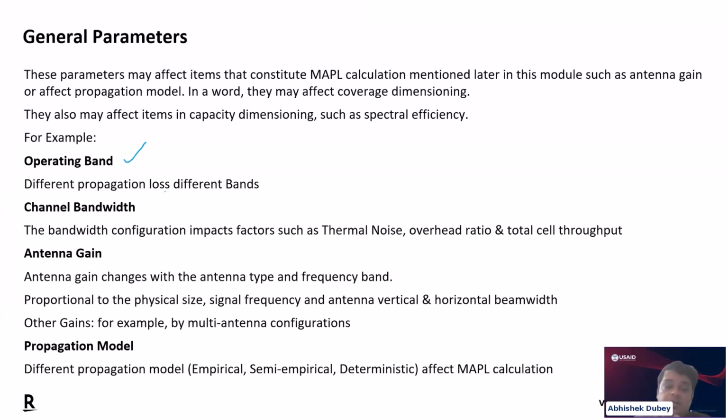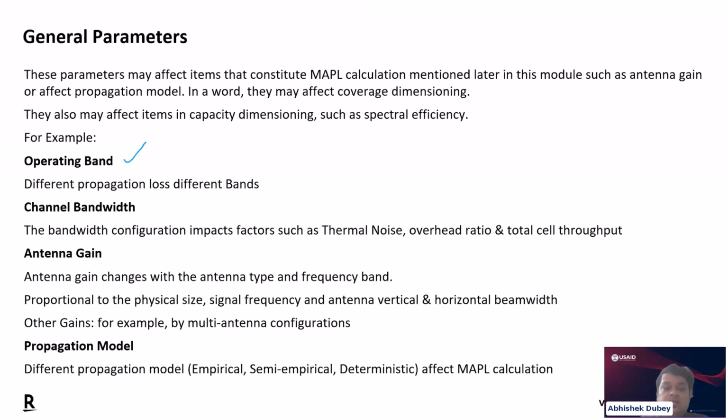Lower frequency, low loss, and more distance, that you know already. The next part is channel bandwidth, because it impacts factors such as thermal noise, overhead ratio, and total cell throughput. If you have a lower channel bandwidth, your throughput will be less, right? And it is also going to impact your thermal noise.